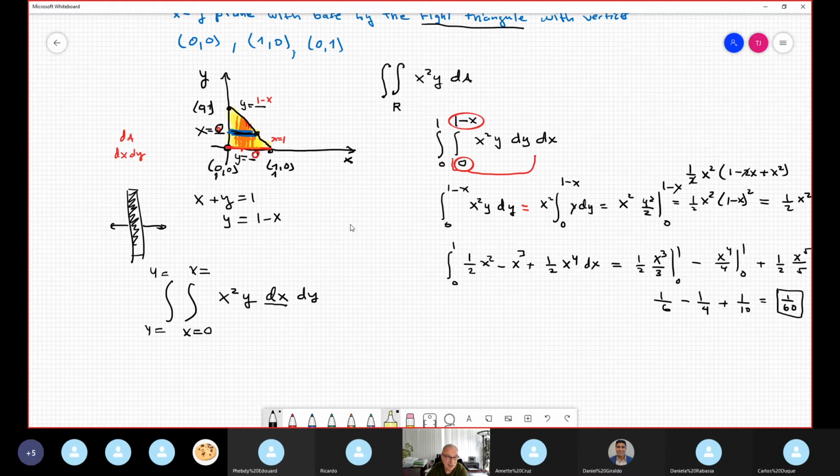And the x of the line: I come back to the equation for the line and isolate the x. So x is equal to 1 minus y. It's 1 minus y, the limit. Finally, when you extend a little bit in this direction, y varies from 0 to 1. It's important.